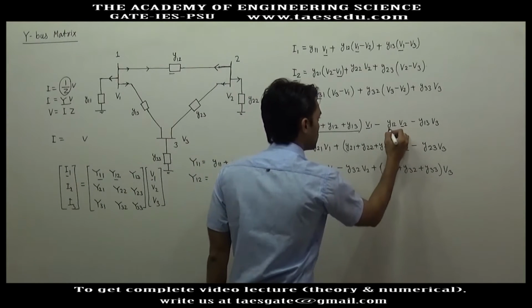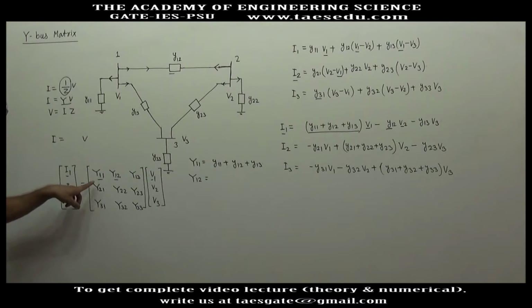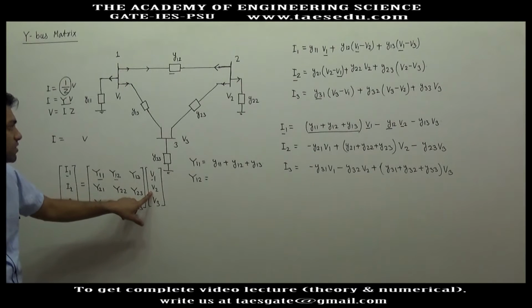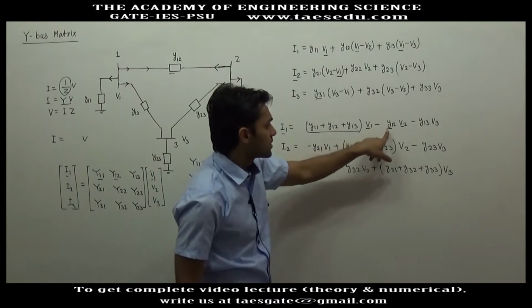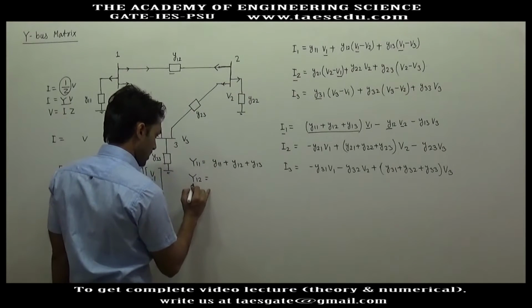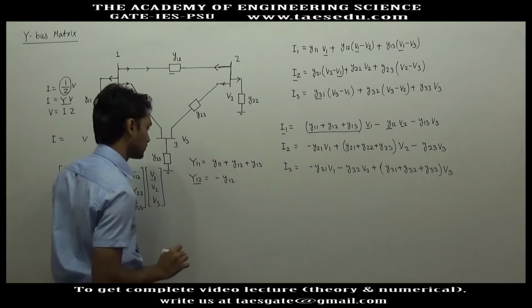When you multiply it out, you write y11 V1 plus y12 V2, so the coefficient of V2 is minus a small y12. So capital Y12 will be minus of small y12.